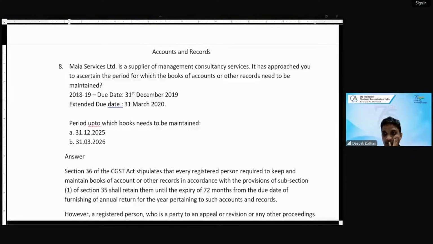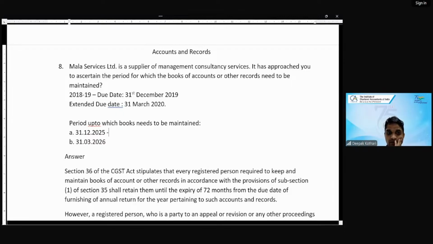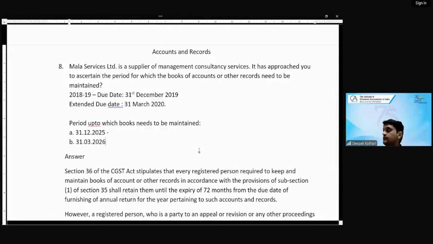Anybody else? Or if these two, which one are you opting for? That was March 26. Okay.